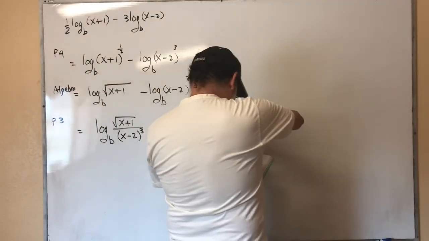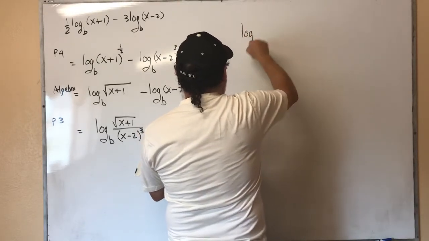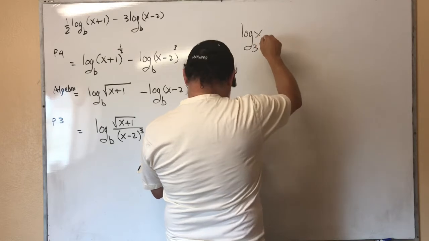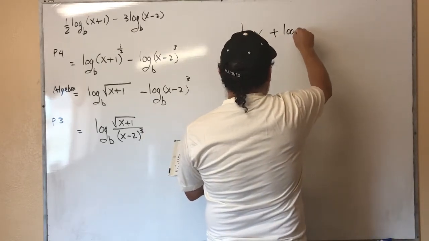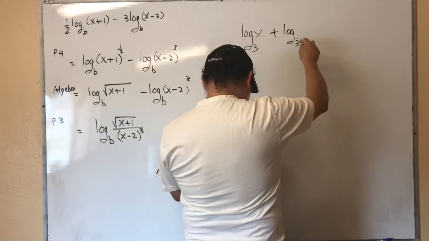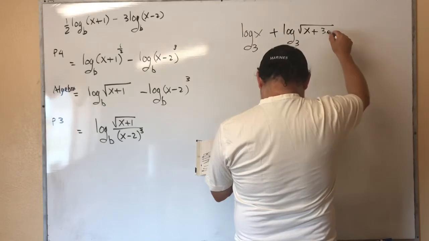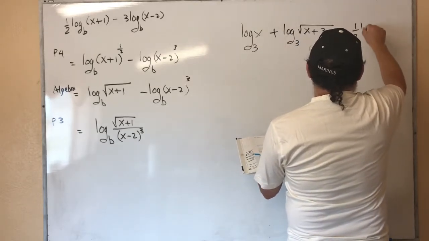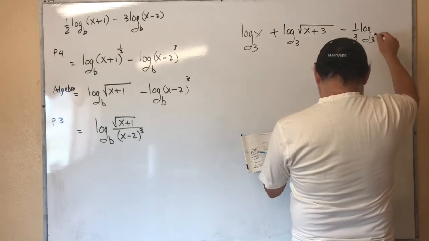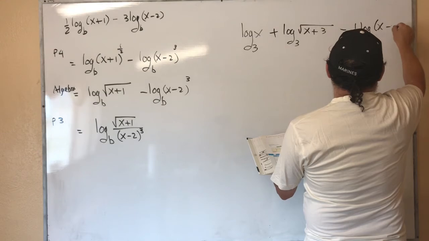This is log base 3 of x plus log base 3 of the square root of x plus 3 minus 1/3 the log base 3 of x minus 4.